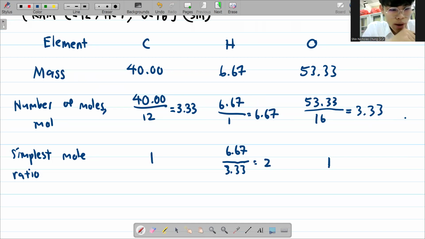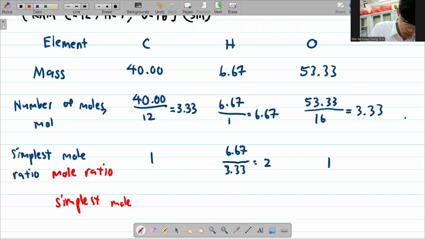But there are some cases where you see, teacher, why is there mole ratio, and then there is also simplest mole ratio? The reason they separate mole ratio and finally simplest mole ratio is that when you're doing a mole ratio, you haven't gotten your whole number.